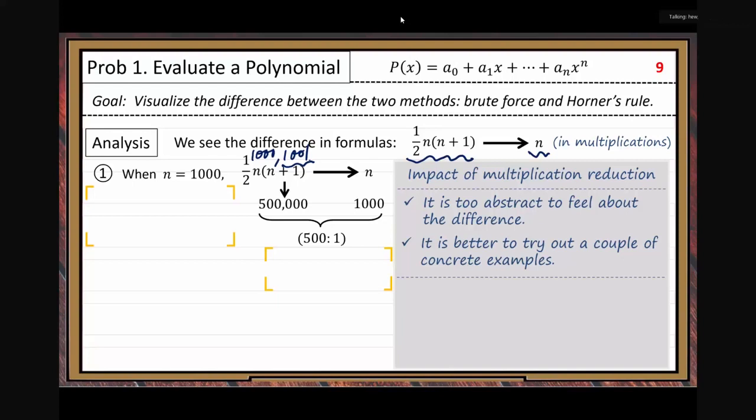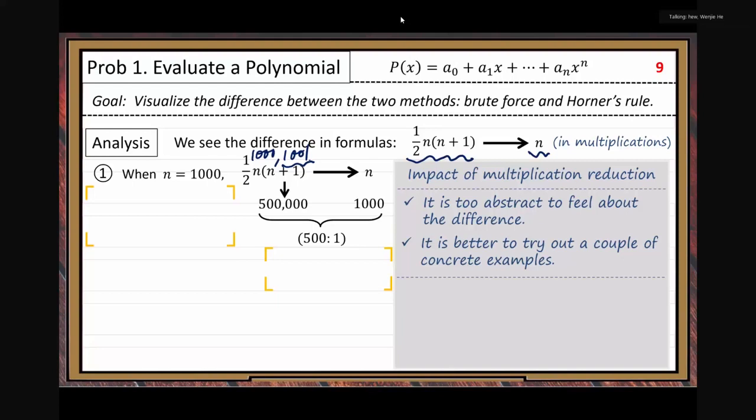If you use the first method, you use a certain amount of time, but the second method, you only need 1/500th of the time you use in the first method. Is it a big improvement? A huge improvement?